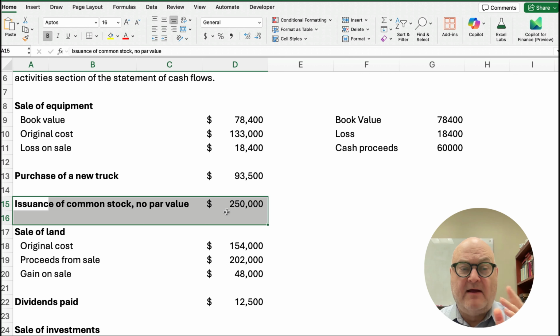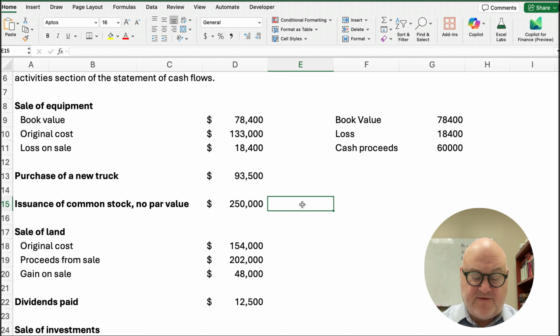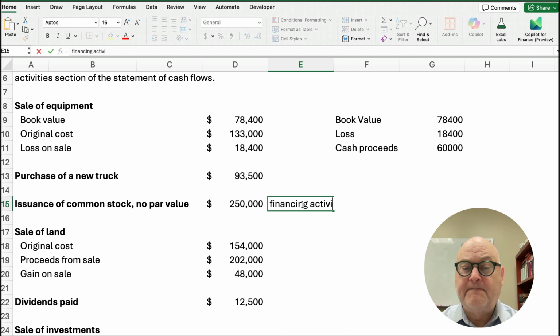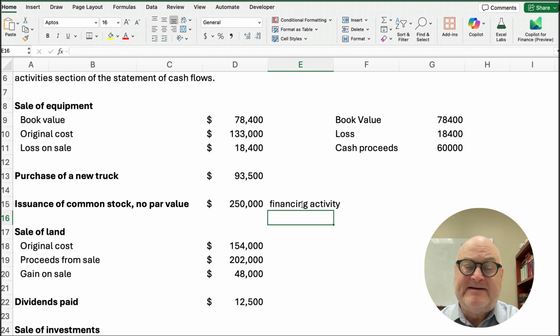Now, by definition, issuing common stock is a financing activity, which relates to equity and long-term debt. So if we borrowed money on long-term debt, issued common stock, or paid dividends, all that is a financing activity.